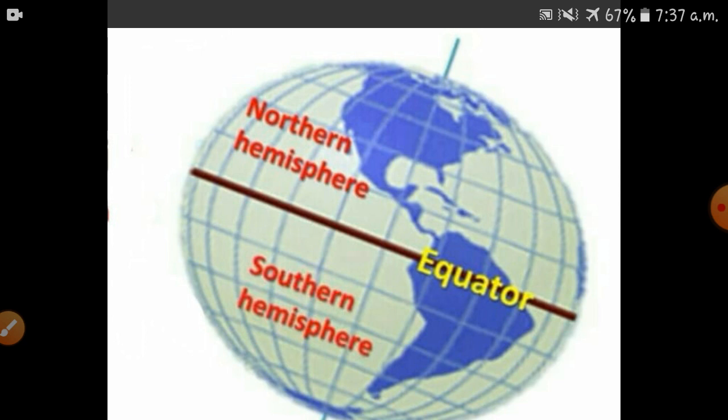Now, when it is drawn, it divides the Earth into two equal parts. It makes the Earth into two equal halves: northern hemisphere and southern hemisphere.